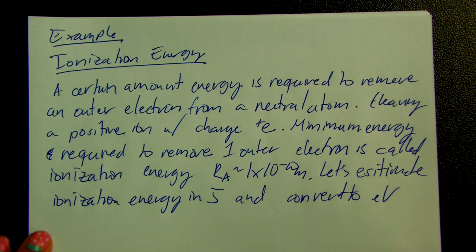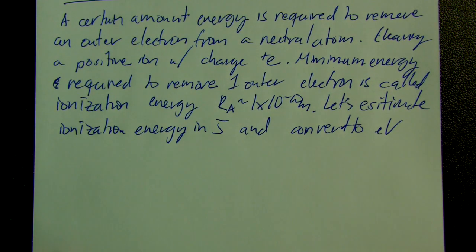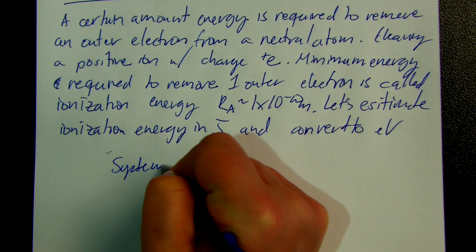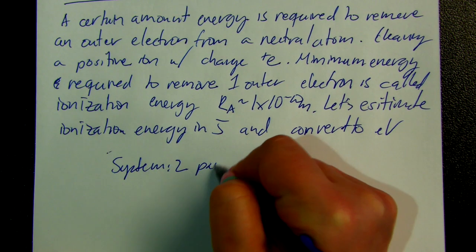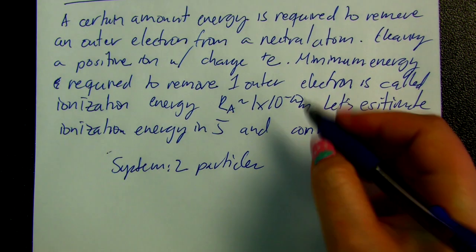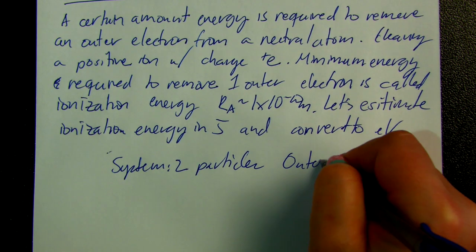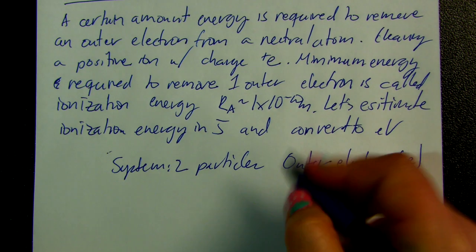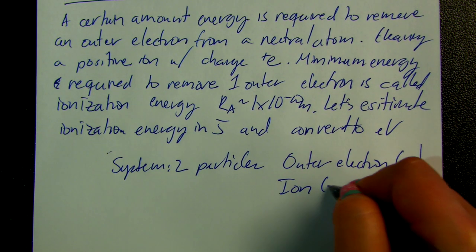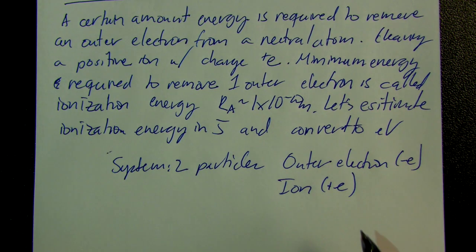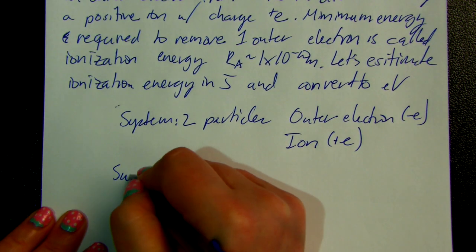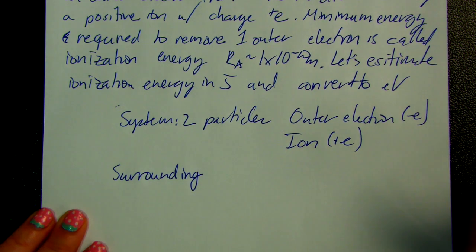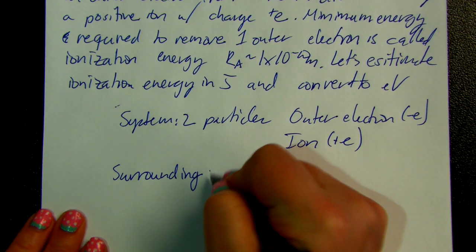All right, so this is just an energy principle problem. Our system is the two particles: the outer electron and the ion, which has charge positive E. The surroundings, so remember with electric potential energy we don't need mass, we just need charge.